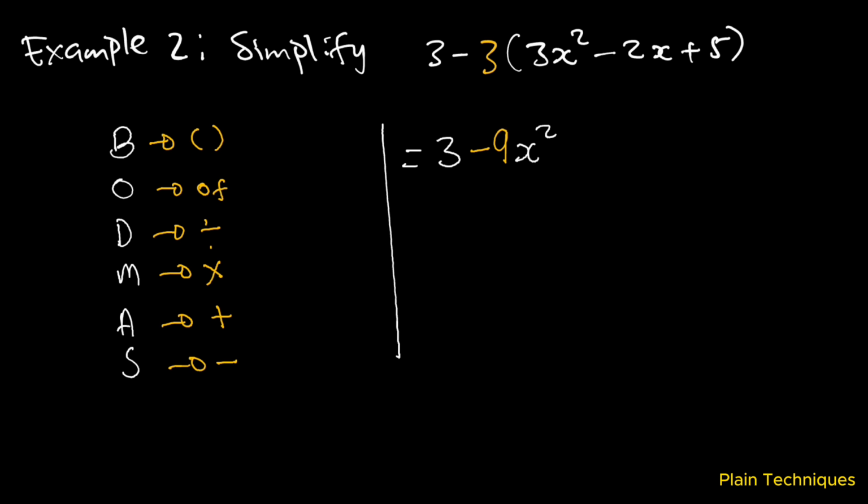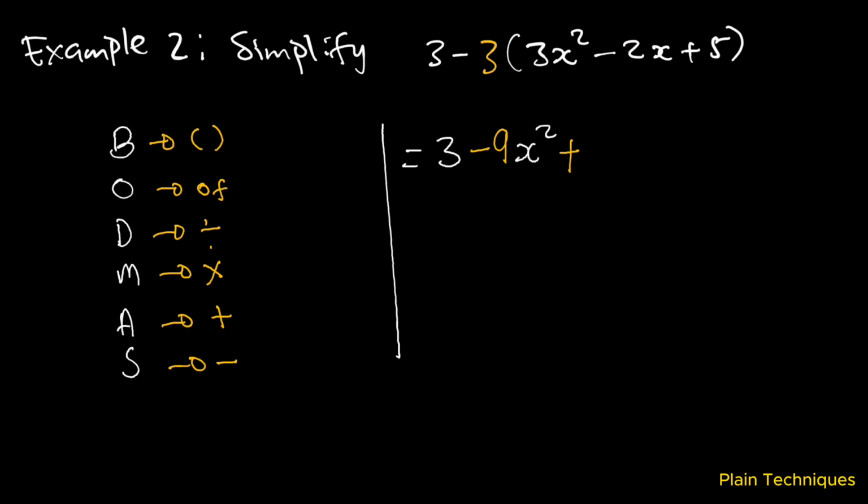Now the next part, minus multiply by minus, right? So negative multiplied by negative will give you a positive. Okay, so I have a positive there. Now 3 multiplied by 2 will give me 6.